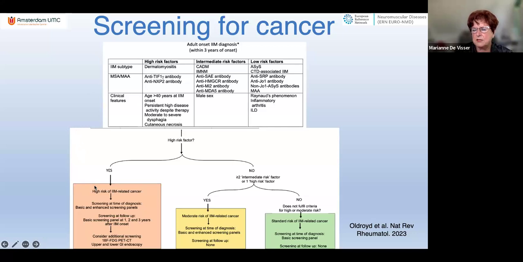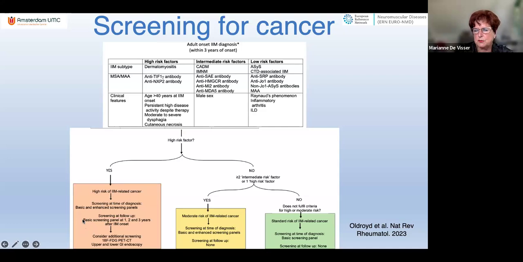If there is a high risk of myositis-related cancer, then screening should take place at the time of diagnosis, but also 1, 2, and 3 years after onset of myositis, because we know that myositis is associated with cancer 3 years prior to and 3 years after the diagnosis.